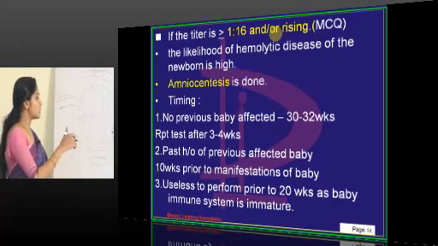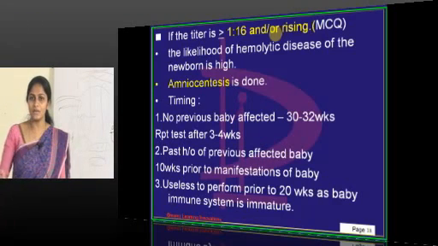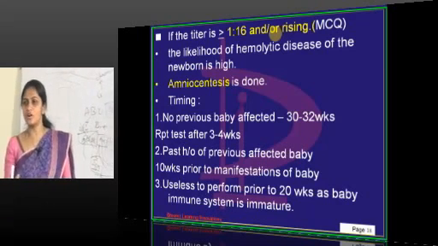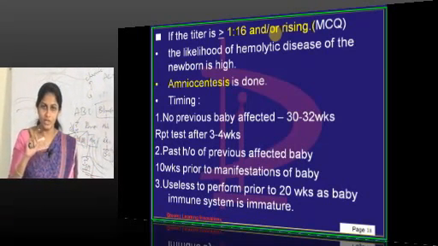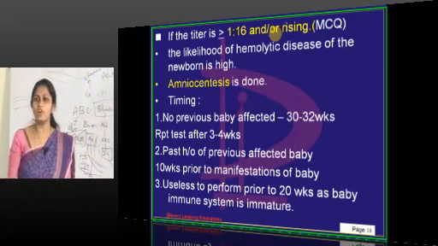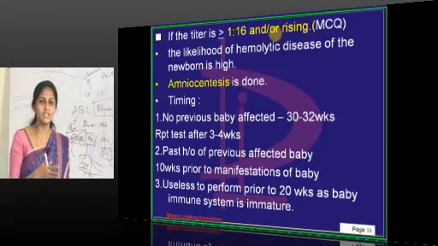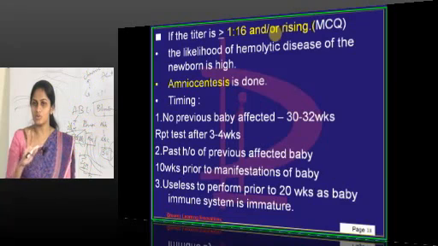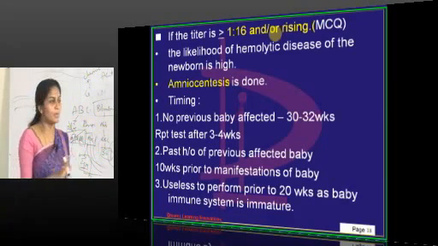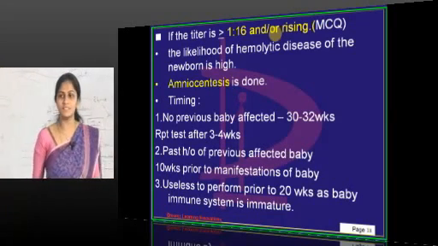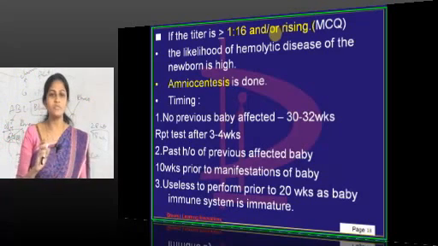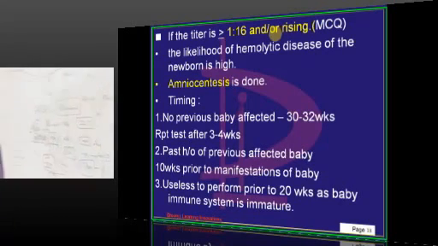The hemolytic disease and bilirubin levels are not seen because the liver is not physiologically ready; even if the liver is formed, it will not be releasing the enzymes. Because of the immature immune system, we may not see hemolytic disease in the newborn earlier than 20 weeks. Whatever pathology we see, we see after 20 weeks.